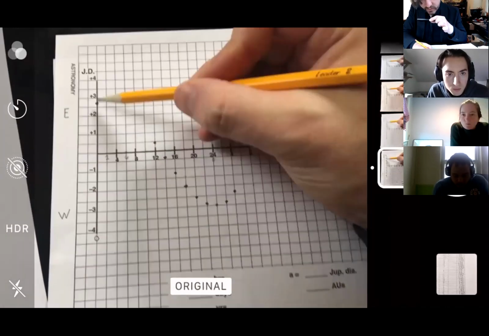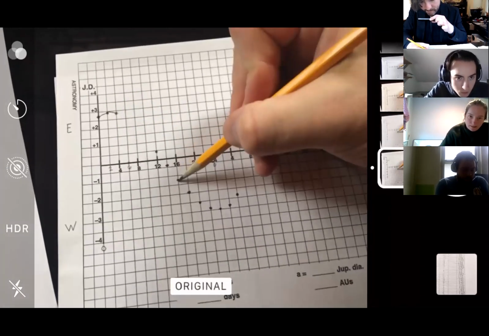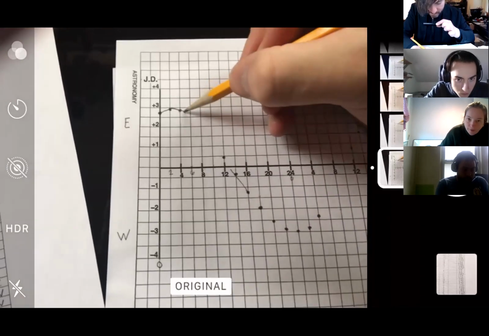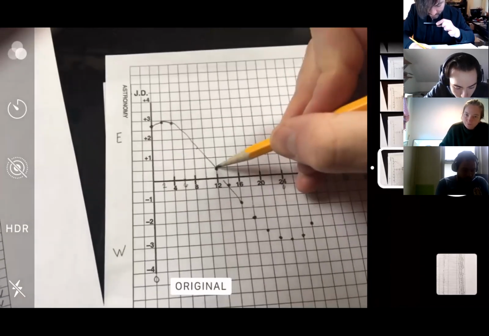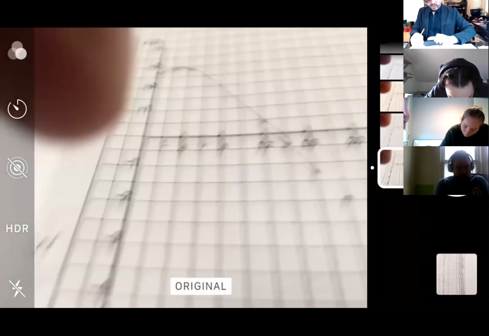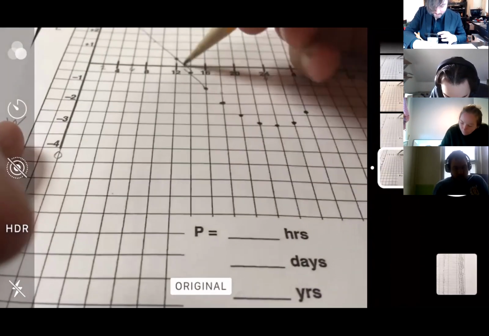Let's go ahead and kind of draw in our best fit curve. It's hard to hold this phone and draw at the same time. Irritating. I wish I had a head cam for this stuff.